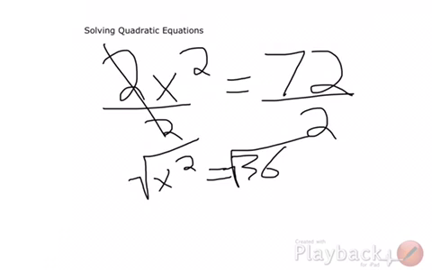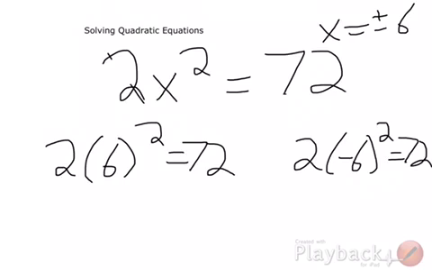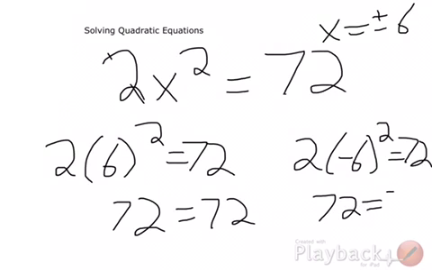What times itself gives us that number? So that will give us x equals, and take a second here, it's not just one answer. There's actually two answers, plus or minus 6. And again, you can check your work by plugging in your answers. In both situations here, you end up getting 72 equals 72. So that checks out.